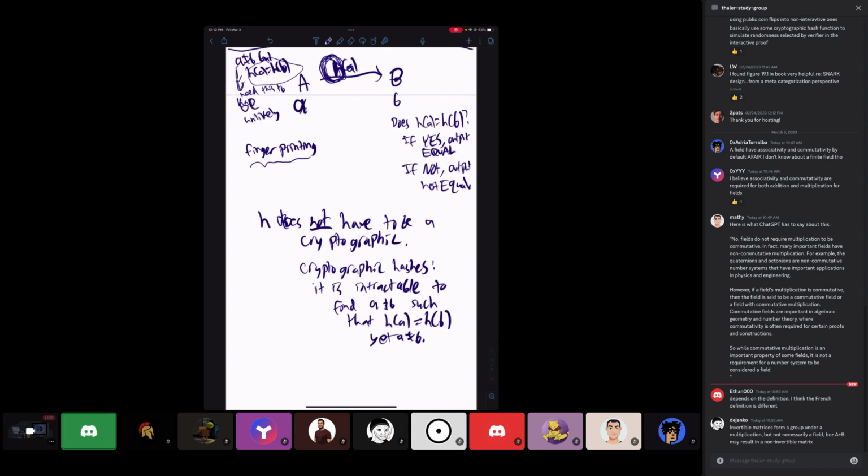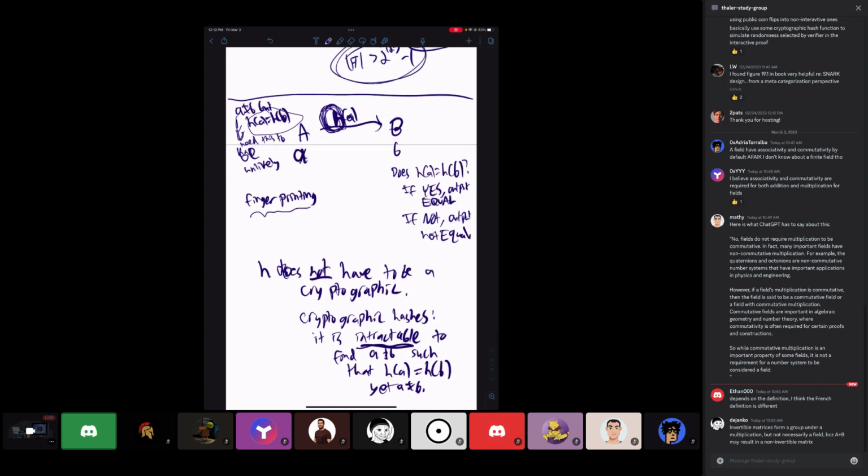And we don't need that property here because A and B are Alice and Bob's inputs. They're just fixed, and they can choose H at random.